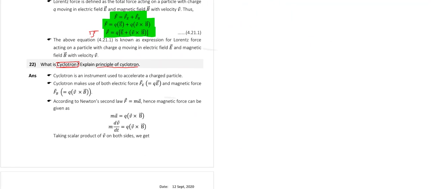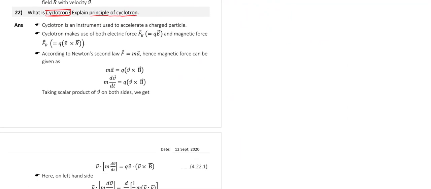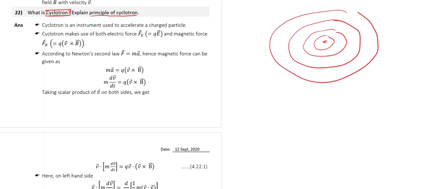The answer is, whenever you want to study atom or anything subatomic, what is inside atom. Suppose I know that there is nucleus and there are orbits, and what is there in orbit? Electron. What is there in the nucleus? Electron, proton. But what if you want to study it in detail? Like, I want to break this nucleus, I want to see what is there inside.